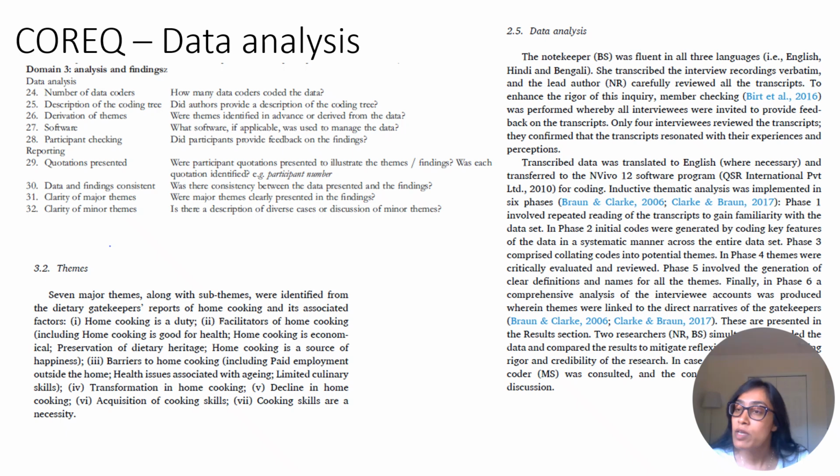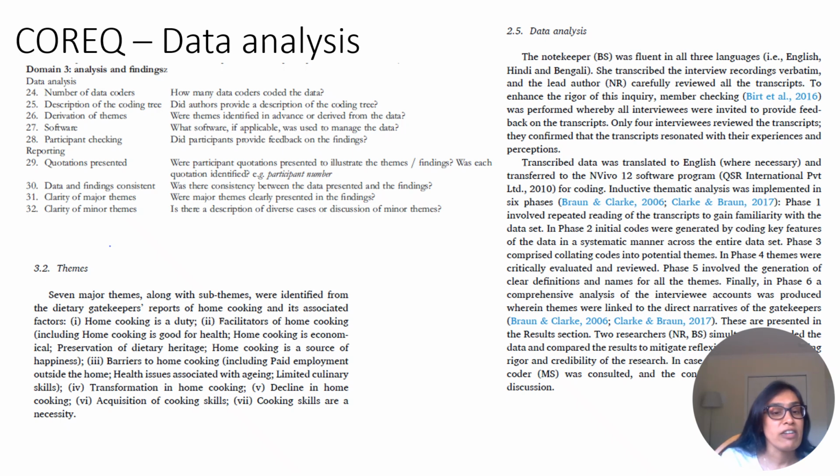And in case there was any discrepancy, the 3rd author was contacted, right? So any biases to be reduced, we had 2 coders. So we also mentioned how many coders. It was 2 coders, and a 3rd coder was consulted in case of any discrepancy between the first 2 coders, that is myself and the note keeper, when we were doing the themes.